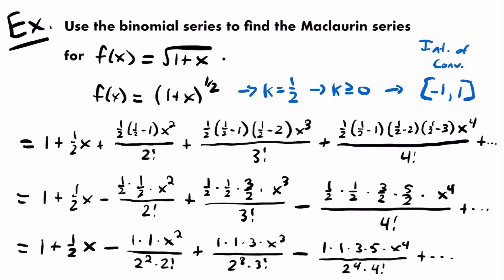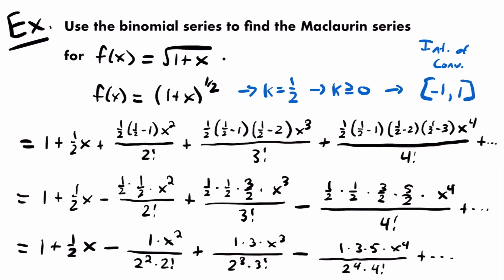And then in the numerator, we have 1 times x squared, then 1 times 3 times x cubed, then 1 times 3 times 5 times x to the fourth power. Now we can actually ignore that first 1 that's being multiplied in those numerators, right? That 1 doesn't actually affect the value of those numerators. Neither does this one, but noticing that that 1 is there will help us identify the pattern within these terms.